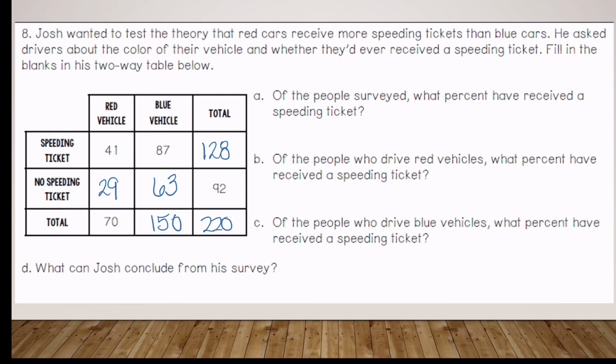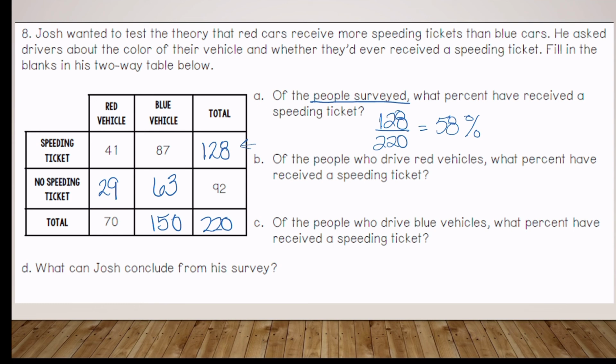So of the people surveyed, looking at our total, which was 220, what percent received a speeding ticket? So we're going to go to who got a speeding ticket, and that's 128. So we compare to our total, and we get 58%. So of all those people he asked, 58% got a speeding ticket. But now we're going to hone in more.